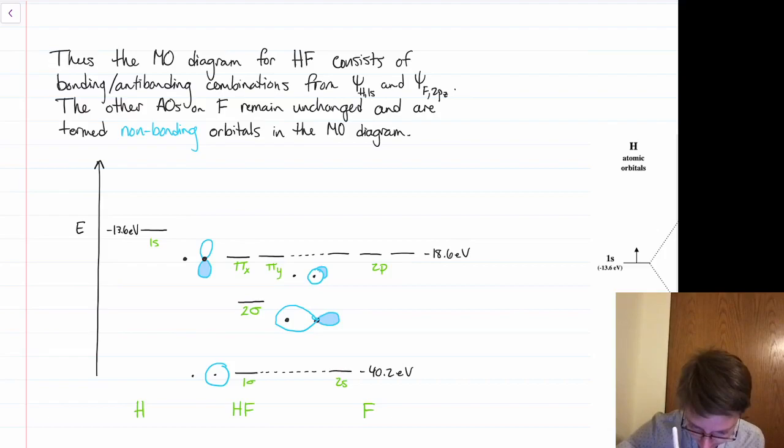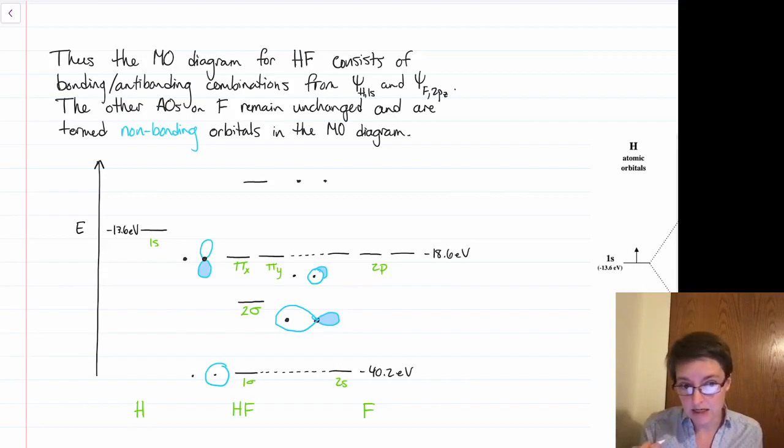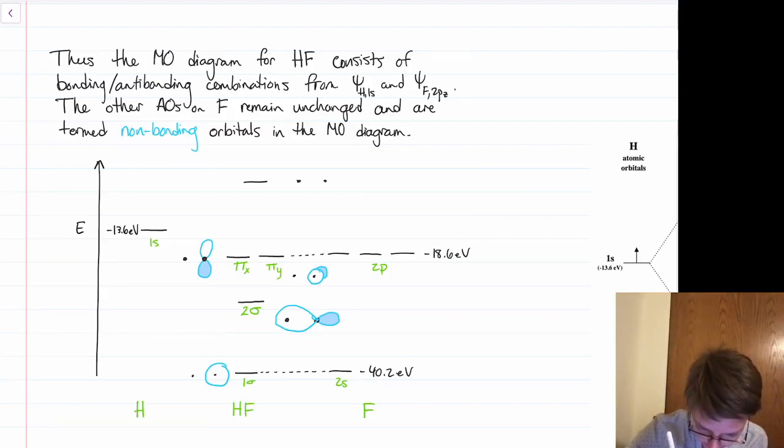Okay, and last but not least, we need to draw in our antibonding combination. And this antibonding orbital is going to look very similar to our set of bonding orbitals for fluorine, just a little bit different. In this case, the antibonding orbital has more hydrogen character associated with it, since hydrogen is the orbital that's closest in energy.